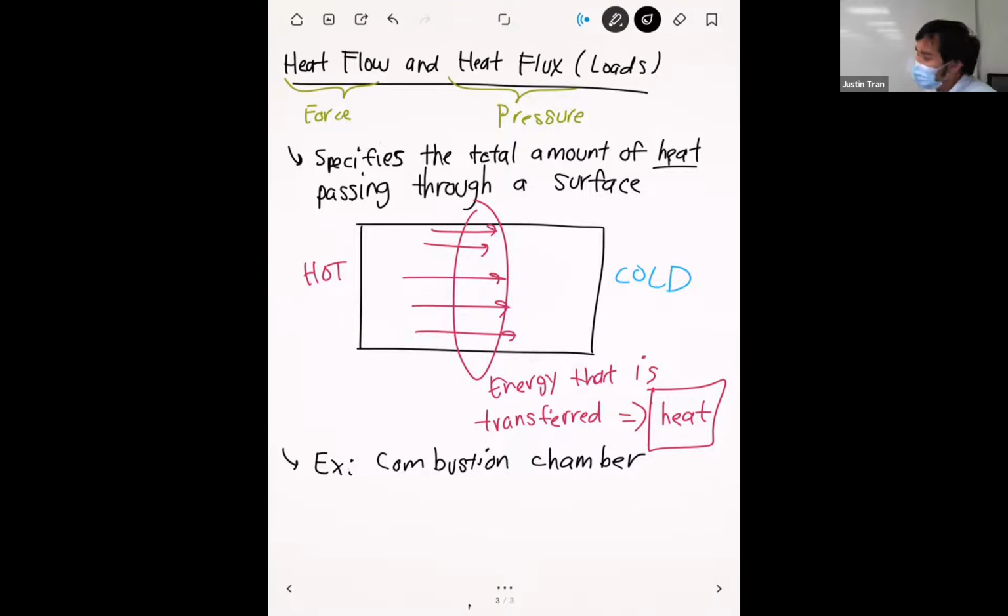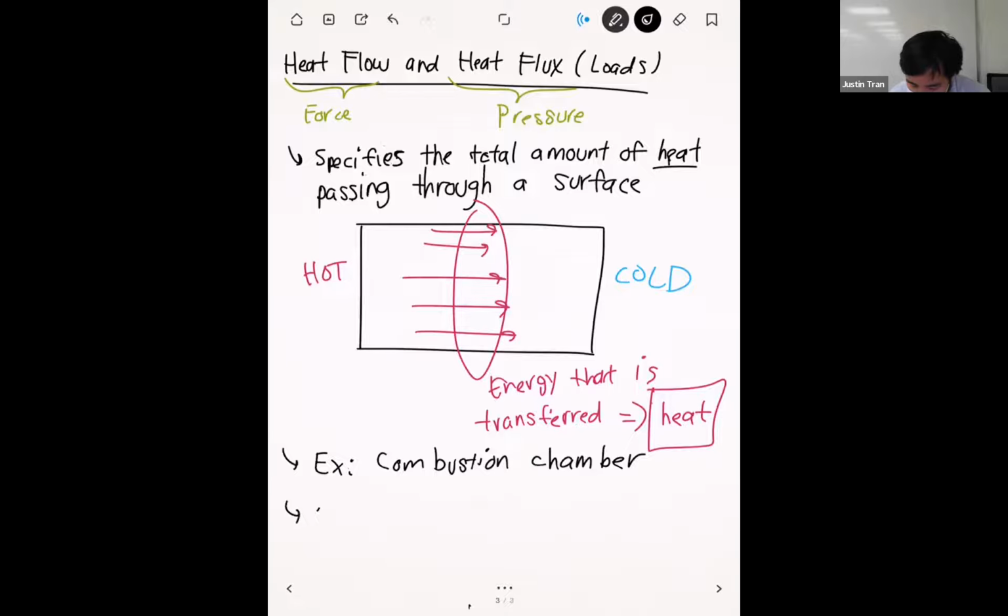Because what you can assume there is that all the energy from that little explosion is going to pass through your engine in the form of heat. So I think the most appropriate boundary condition there is a heat flux, heat flow type of boundary condition.